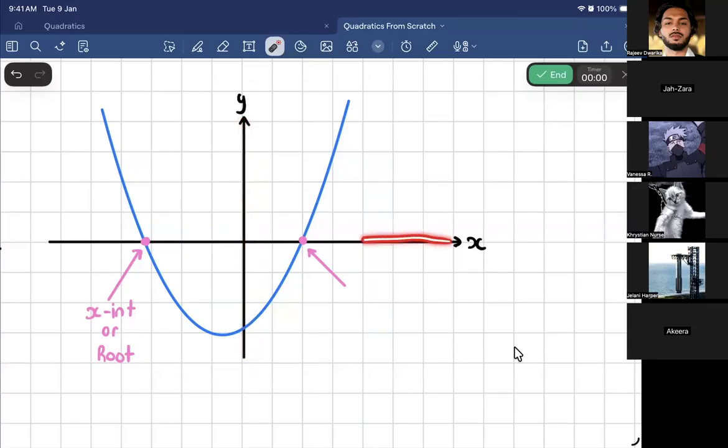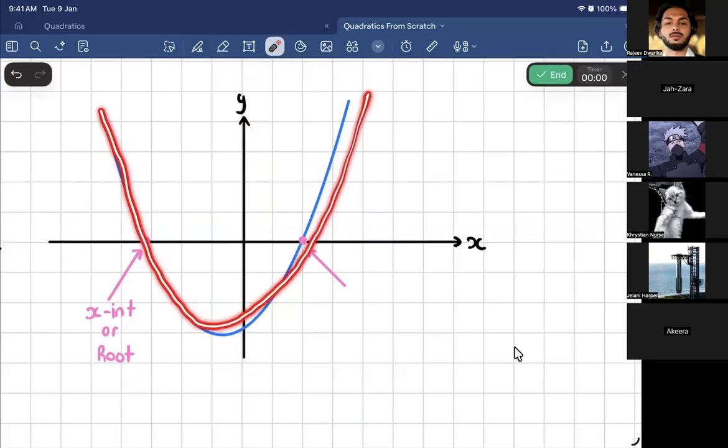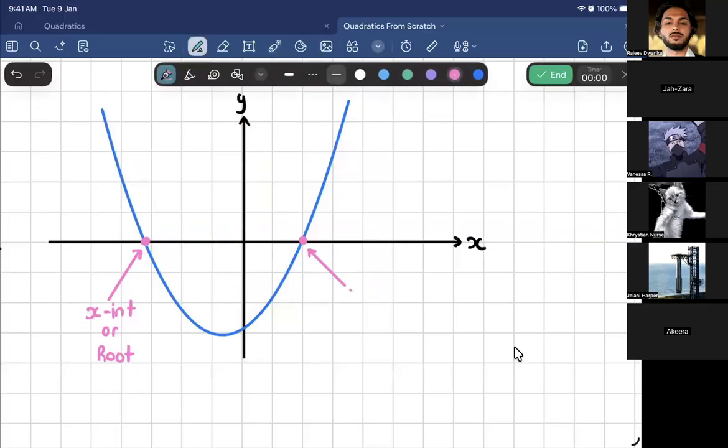And this whole thing here is? X. Right. So the graph is intercepting the x-axis. So you would call this the what? X-intercept. Right? And your teacher will typically say root. So be familiar with both. They would say x-intercept or root.